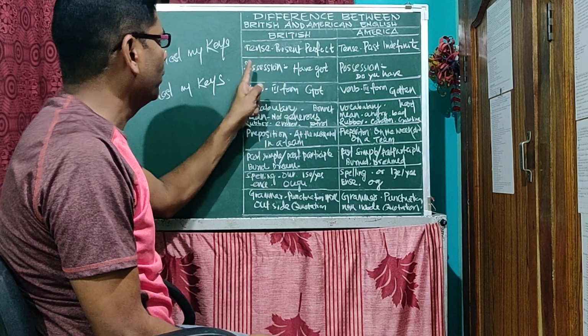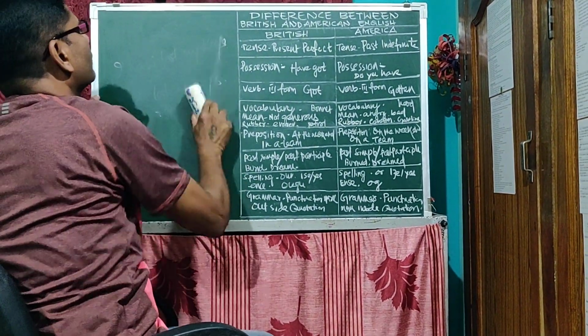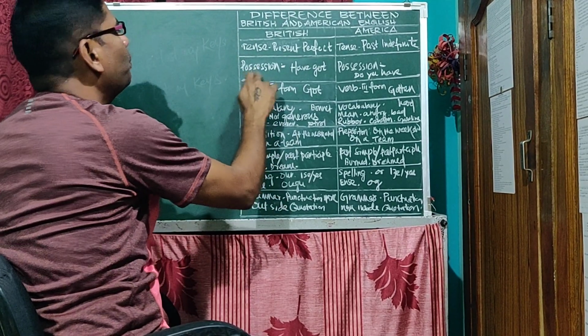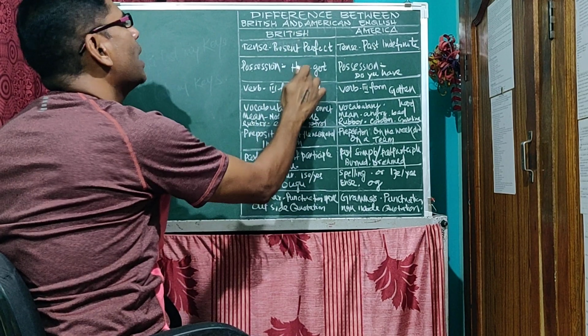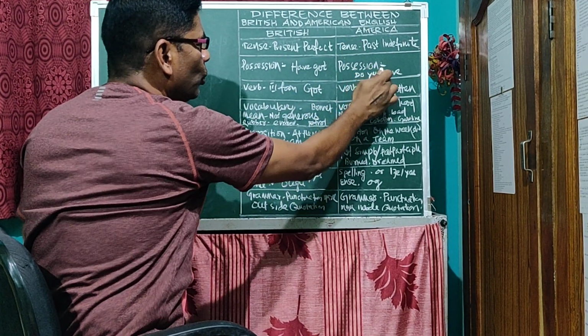Okay? Now, possession. In terms of possession, the Britishers use "have got" and the Americans use "do you have".